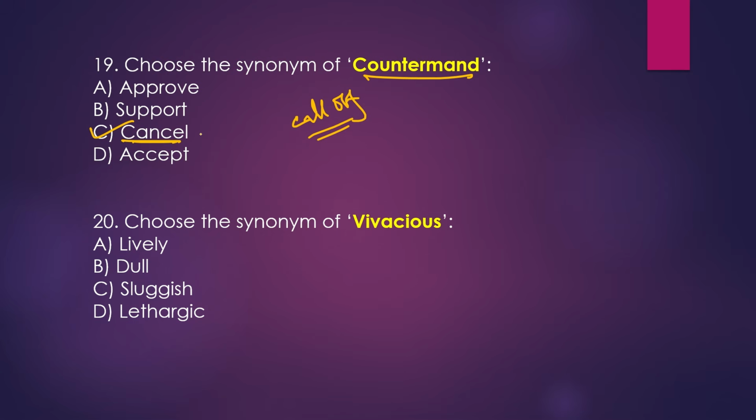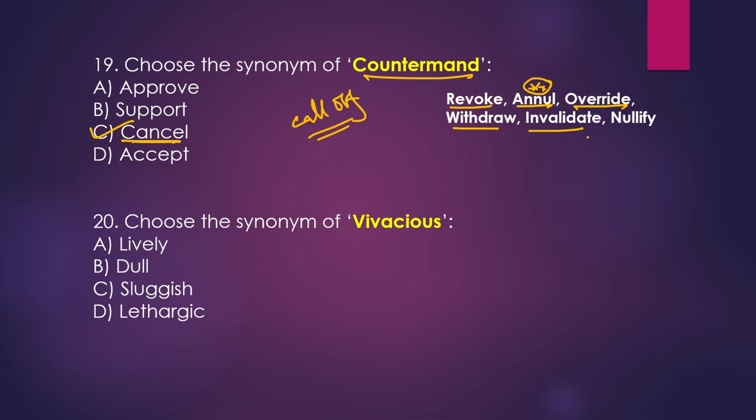The word cancel also means to call off or revoke something. Extra synonyms like revoke, annul. Okay, the word annul means to cancel something. Override, withdraw, invalidate, and nullify. So the word nullify also means to cancel something. Okay, to revoke something. So this is the 20th.